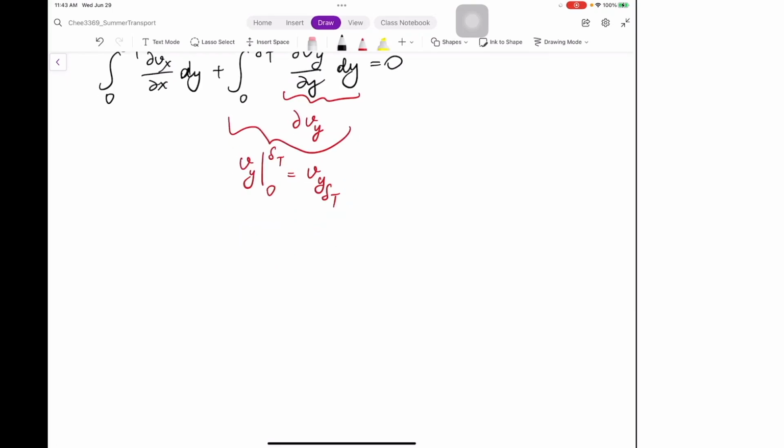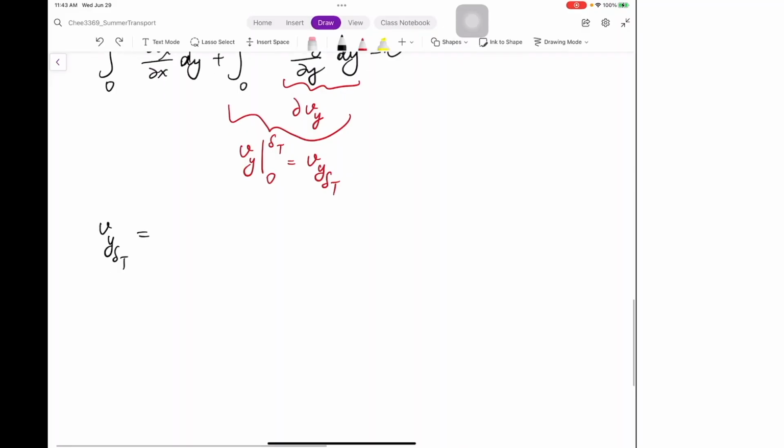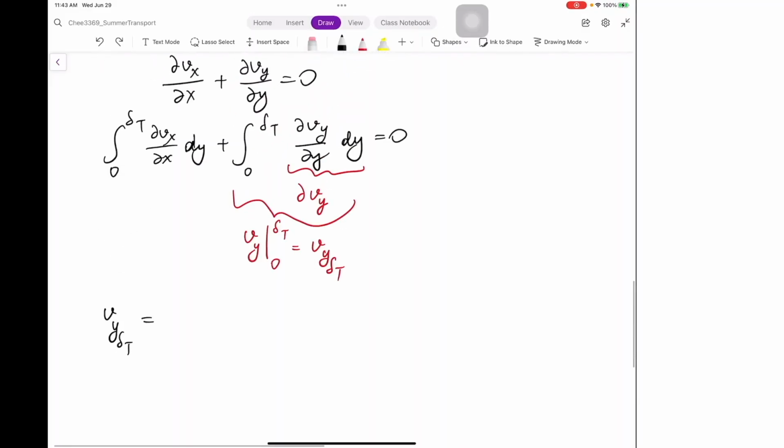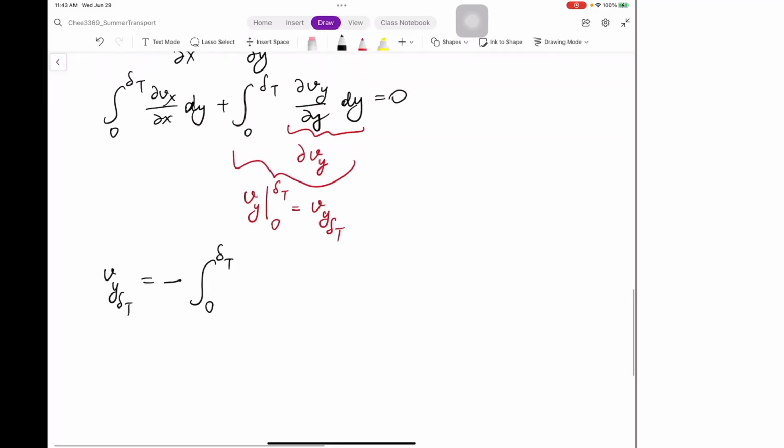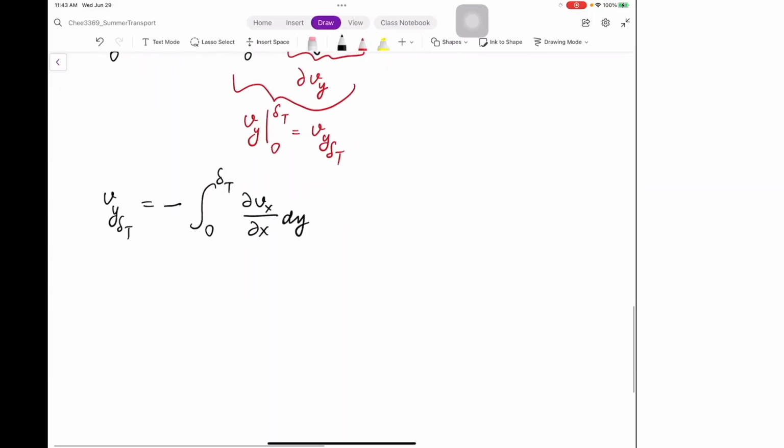So you can write down the Vy delta t is equal to, because that's minus 0, because Vy 0 is 0, minus of this term, minus integral from 0 to delta t del Vx over del x dy. Correct.